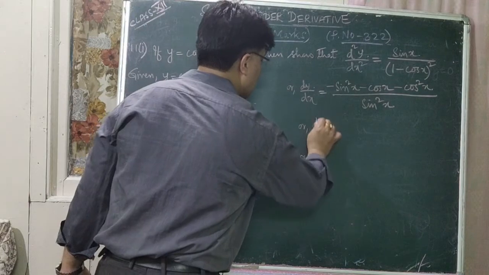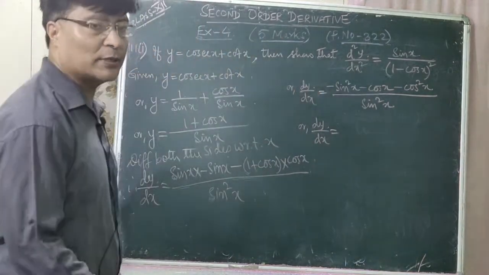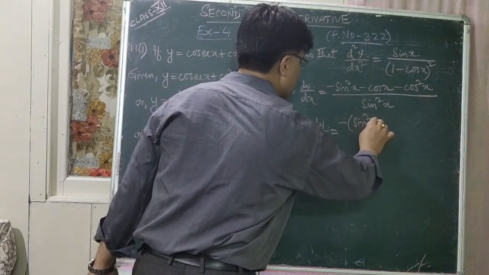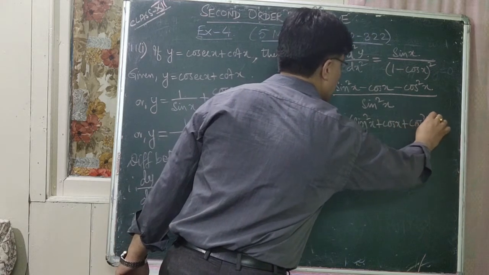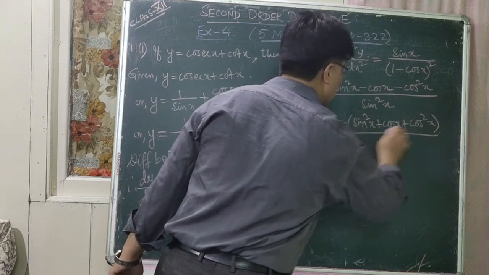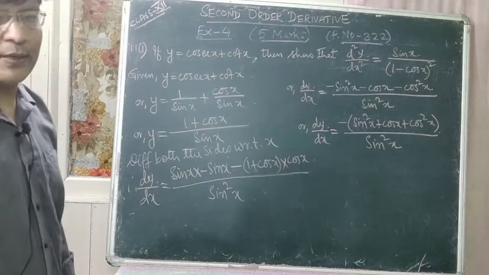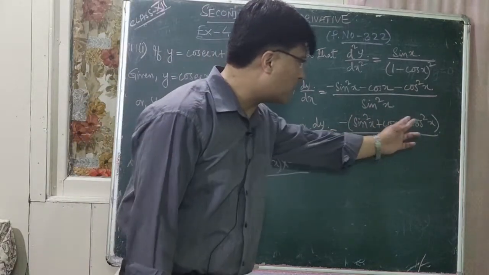Or dy by dx is equal to, in the numerator, what is common there? Minus is taken common. So within the bracket we have sin square x plus cos square x divided by sin square x. Now again, what is sin square x plus cos square x?